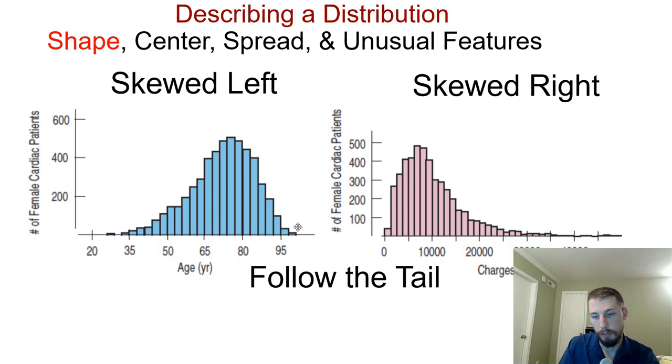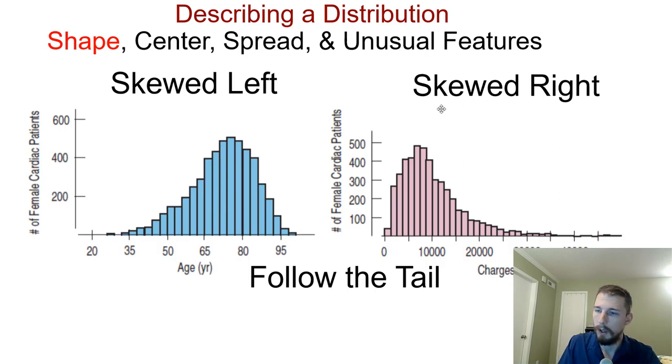But at a certain point, you're not going to have 120-year-olds that are still having heart attacks, because we usually don't have people living up to 120 years old, right? So this data would naturally be skewed to the left by the younger people. We'll talk about what happens to the mean when we have skewed data. It's actually going to pull the mean over to the left. But we're not going to talk about mean until we get back next week.